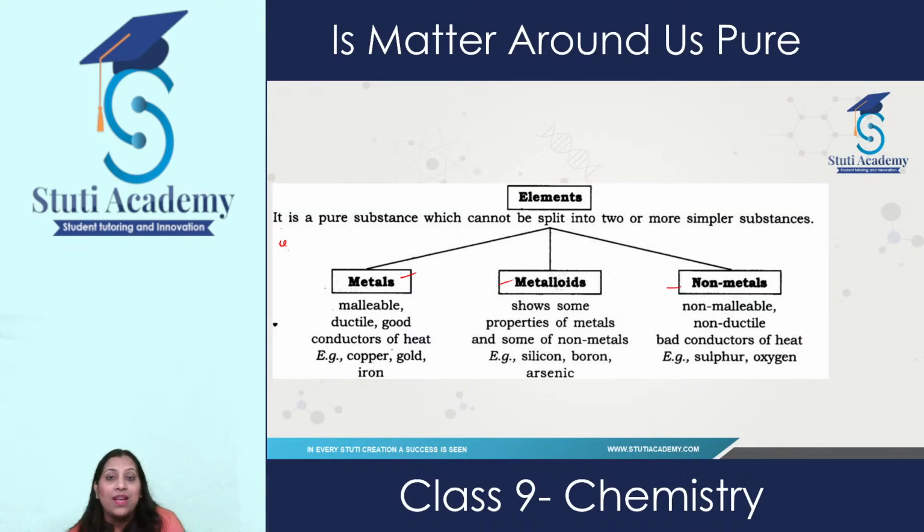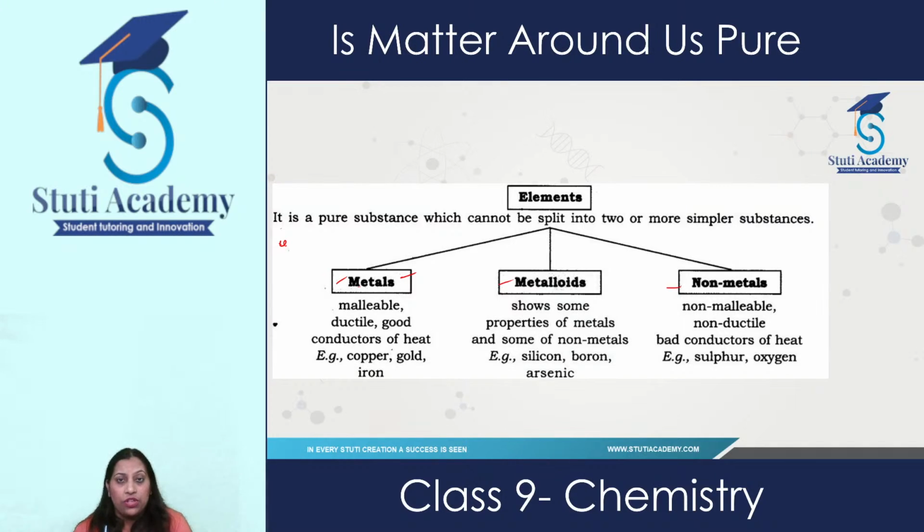In your junior classes, you have already studied about these metals and non-metals, their physical and chemical properties in your 8th standard also. So here we'll study about these metals, non-metals and metalloids in detail. First, metals.